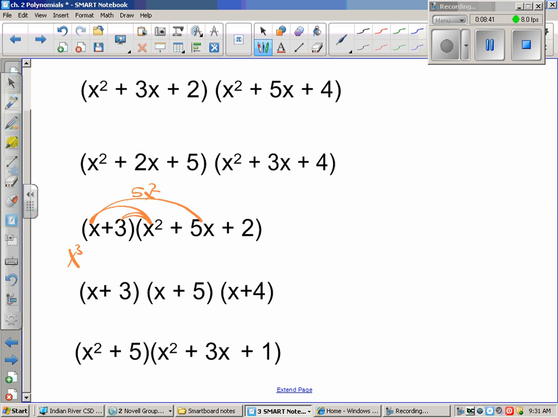Move in on both of them, that gives me 3x squared. So there's 8x squared. Now I'm going to go x times 2, and that gives me 2x. I'm going to move in 3 times the 5x, it gives me 15x. I can't move in again because the 3 is the last term on that left-hand side of the factor. So that gives me 17x.